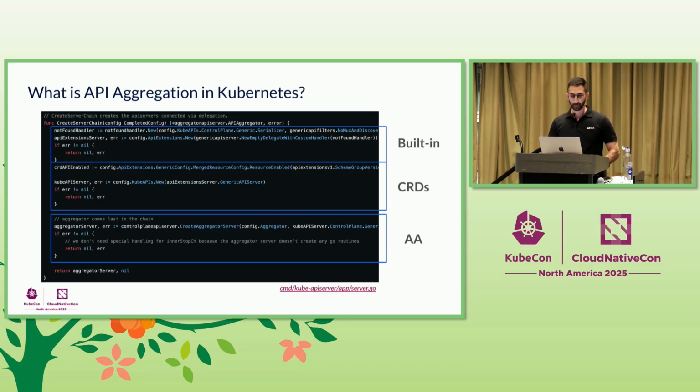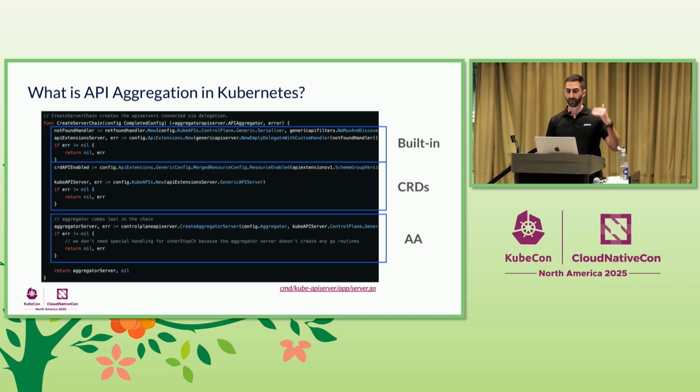To better understand what API aggregation means in Kubernetes, let's look at the Kube API server code taken from upstream. We can see it's built in a chain. First you have the built-in types, then the CRDs, and lastly the aggregated API servers.